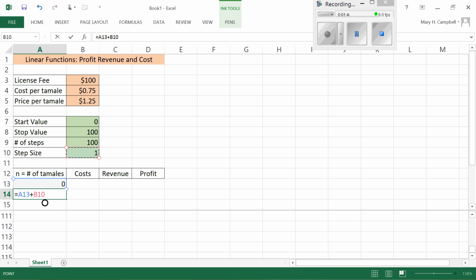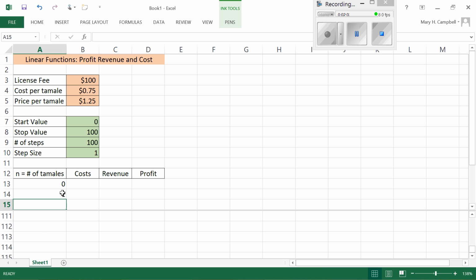And remember, we need to F4 the step size, get those dollar signs in there, so that when we copy this down, we'll keep referencing the cell B10, which is our step size, and then the A13 will update to A14, A15 as we copy down.